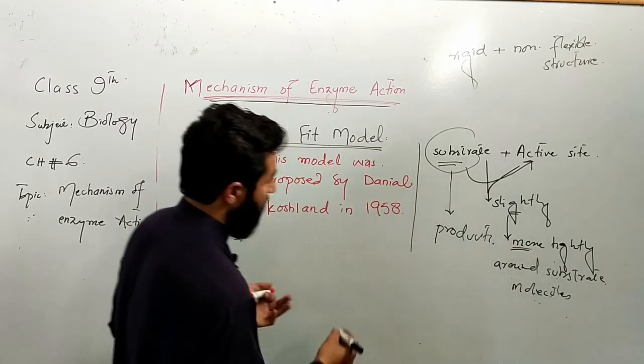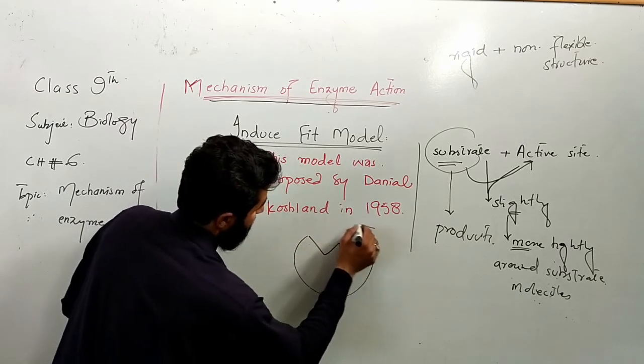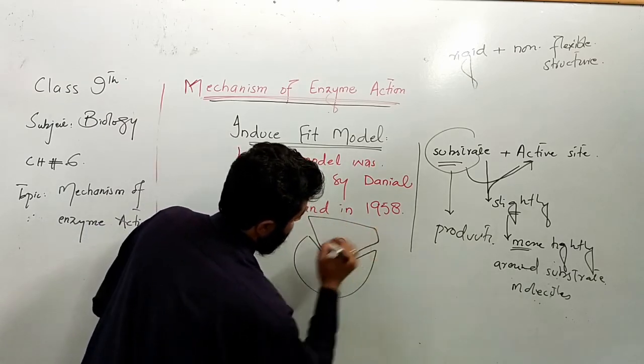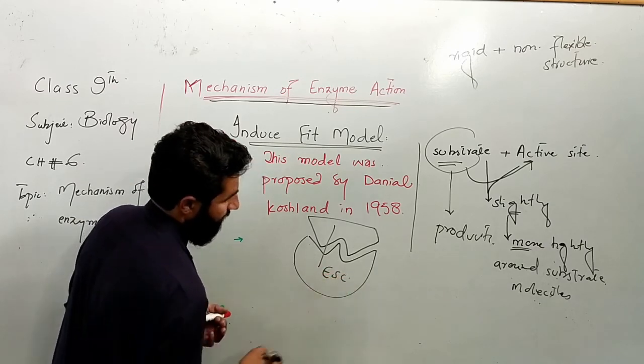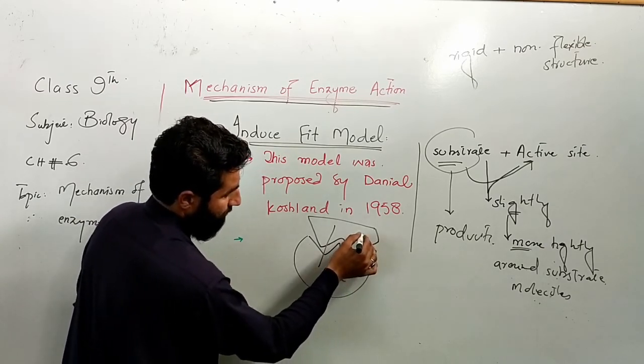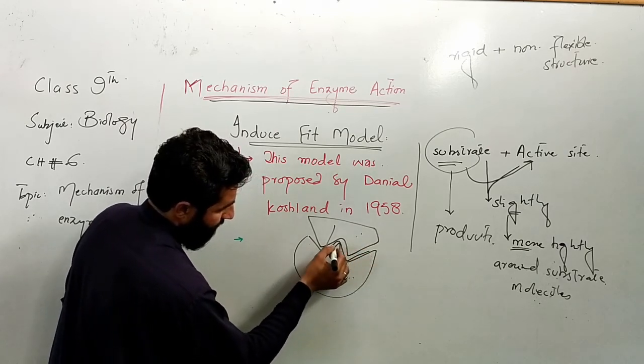For example, this is the enzyme molecule, this is the substrate molecule. This is the enzyme substrate complex. When the substrate molecule combines with the active site of the enzyme, it changes the active site slightly.